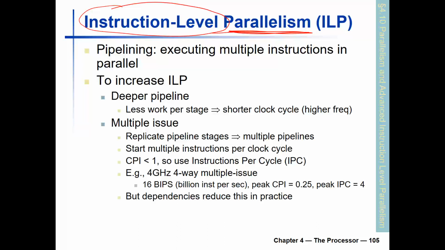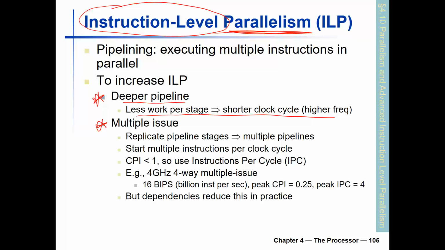So right now we're talking about instruction level parallelism. And as we said, deeper pipelines attack this. Unfortunately, they have their problems, and they served the purpose for some time. Then people departed from that architecture to the multi-issue architecture.